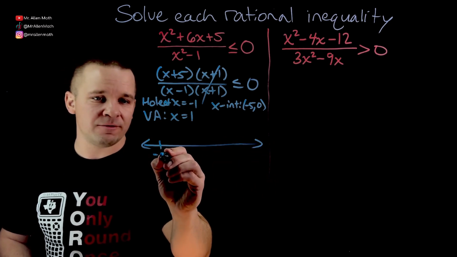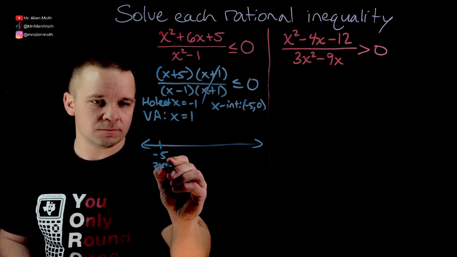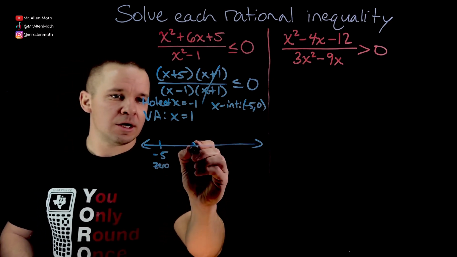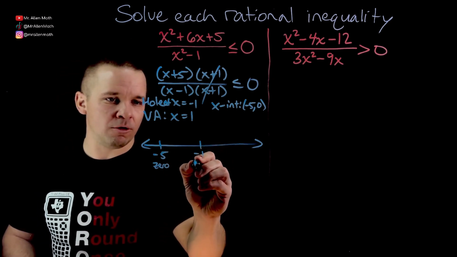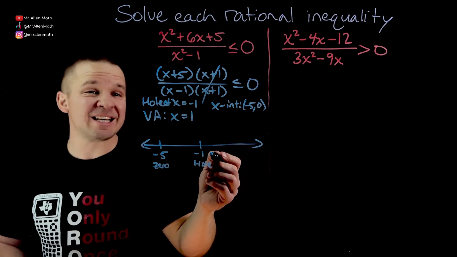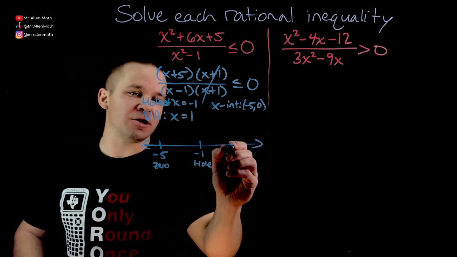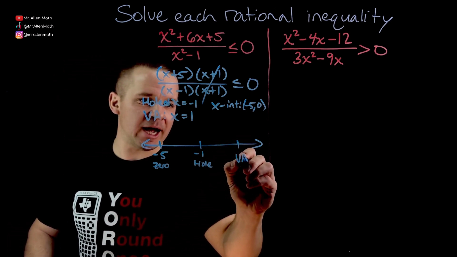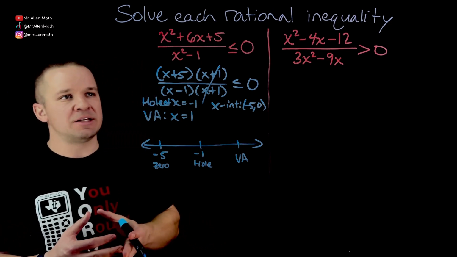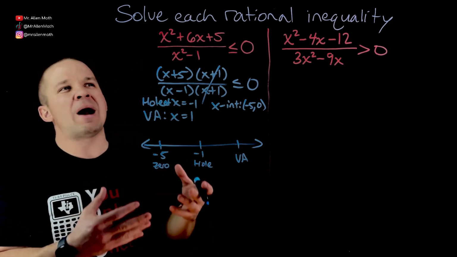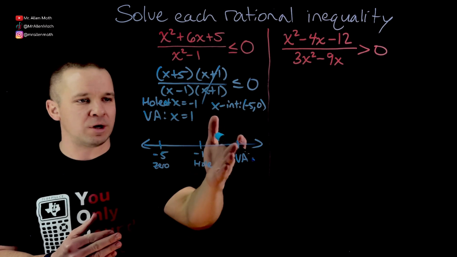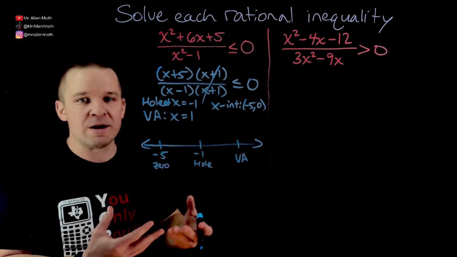Negative 5 is a 0, or x-intercept. Negative 1 is a hole, or removable discontinuity. And 1 is a vertical asymptote. My answer is going to be different based on what each one of these is, in how I write my final answer.